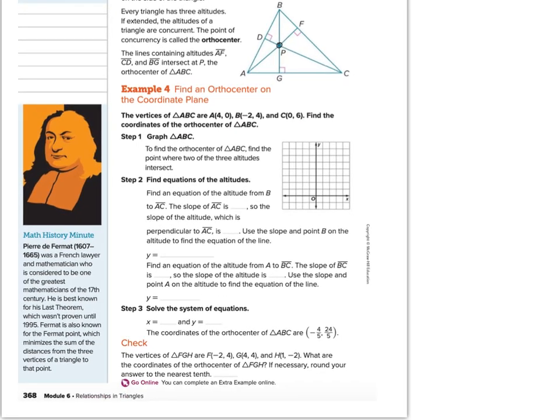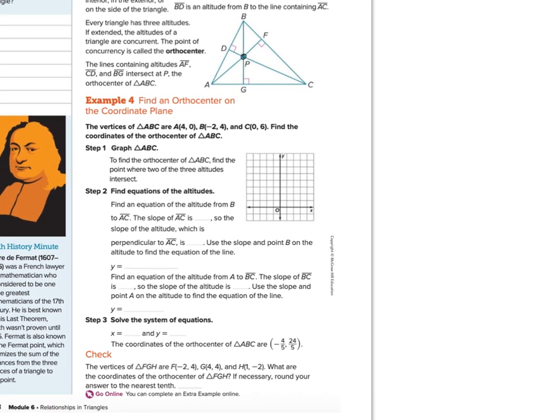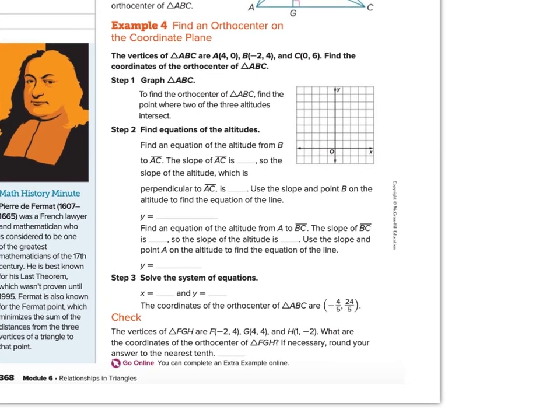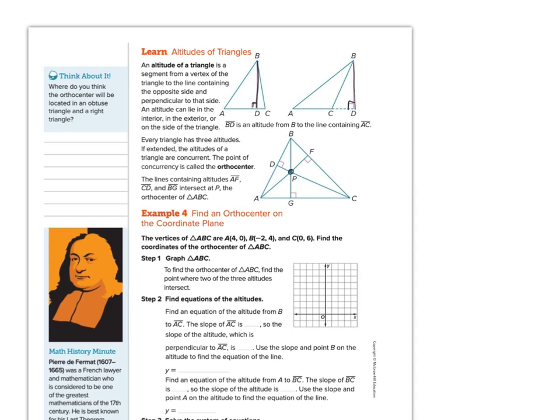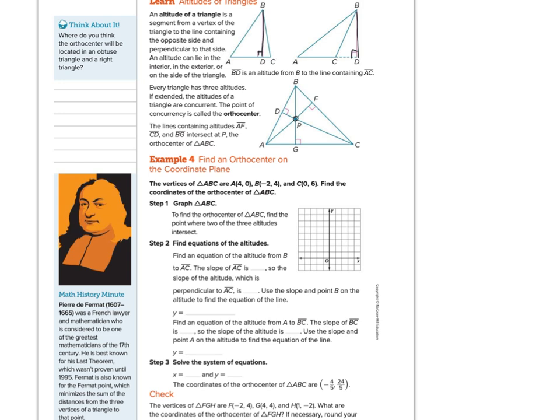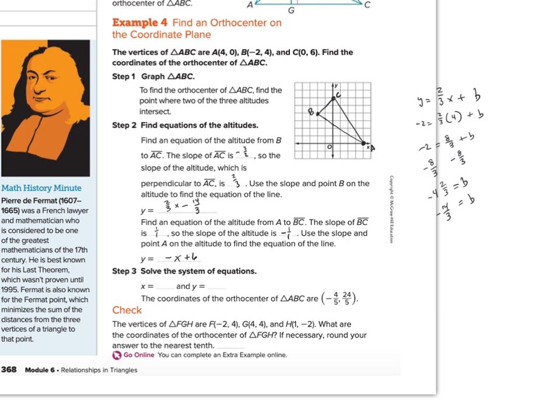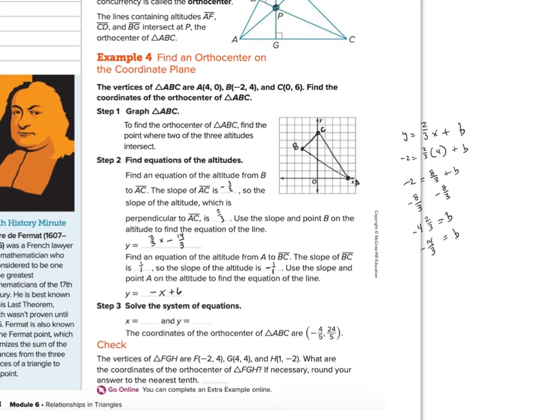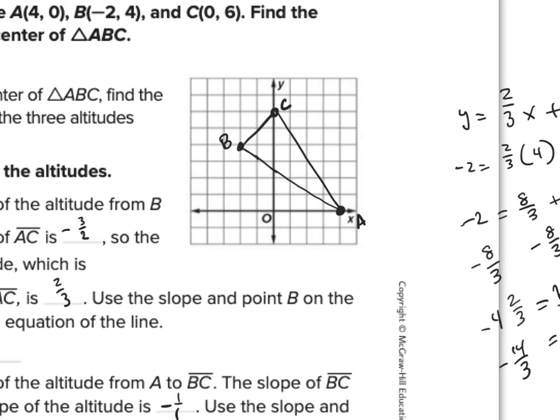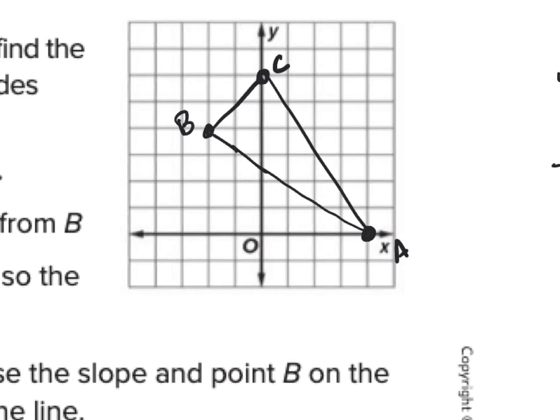And then here, finding the orthocenter on the coordinate plane, we have to use the distance formula, use slope, and do a bunch of different things. Let's see here, graph ABC. Once I've graphed my triangle, we need to find the coordinates of the orthocenter of ABC. So what do we have to do? Remember the altitude is perpendicular.